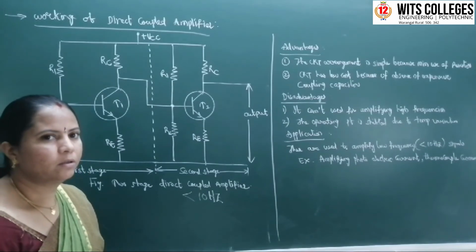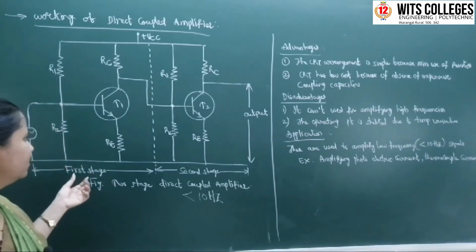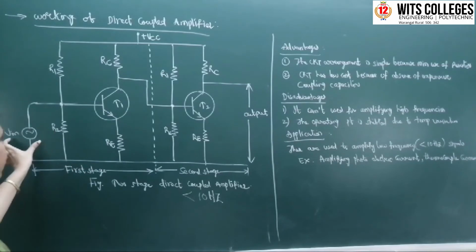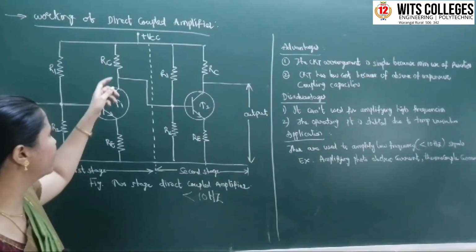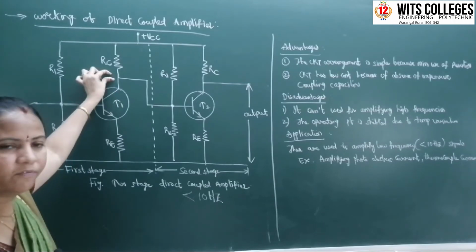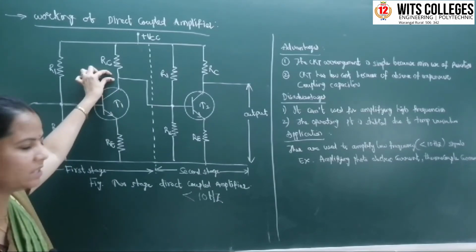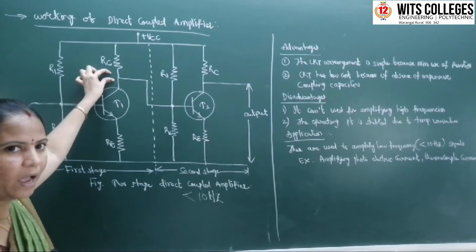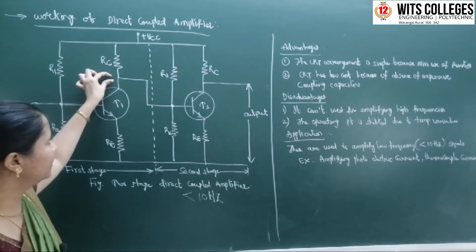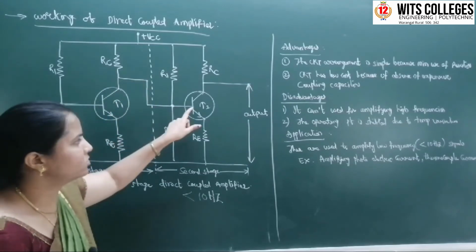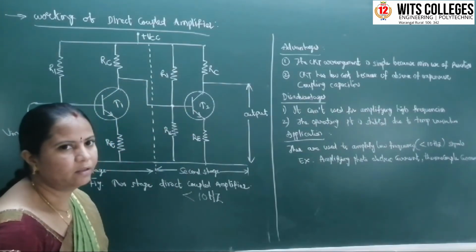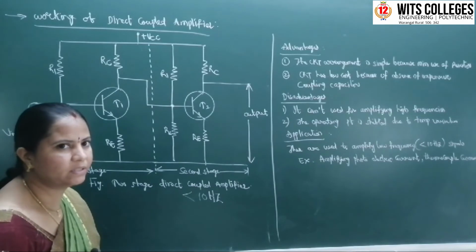Coming to the operation, we give the input signal directly to the base of the amplifier, and you get the amplified signal at the output of the first transistor, that is at the collector terminal. This amplified signal is again connected to the base of the second transistor directly without using any capacitors.